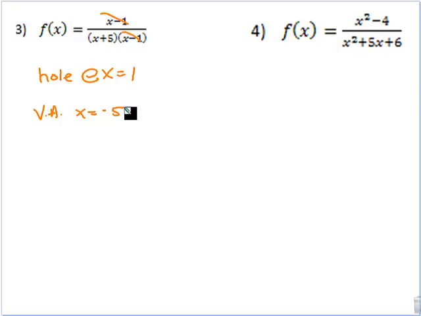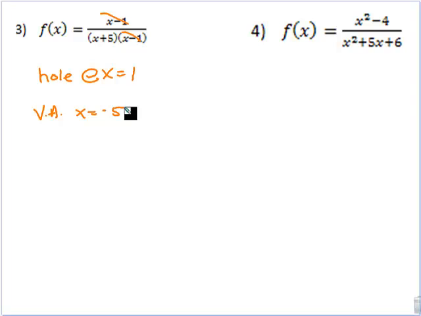The hole only happens if something cancels, so if only one thing cancels, you're only going to have one hole. You could have more, but I'm not going to give you ones with more.